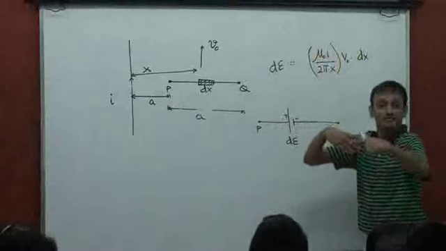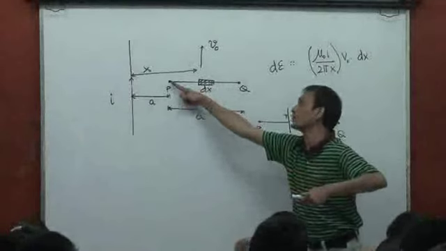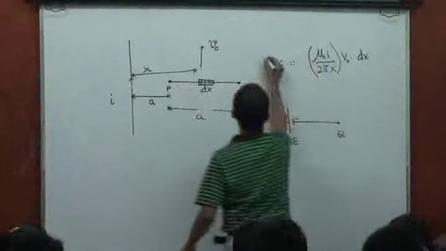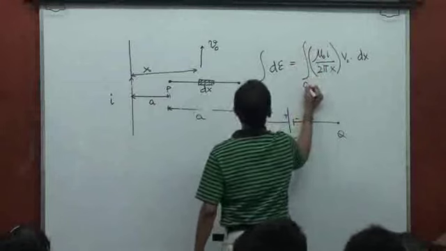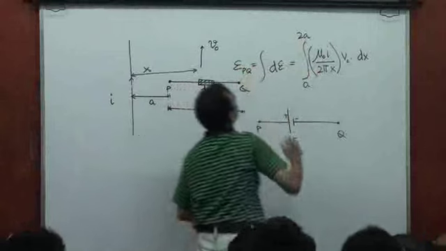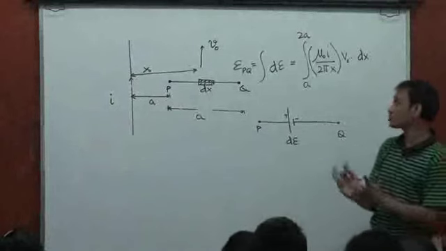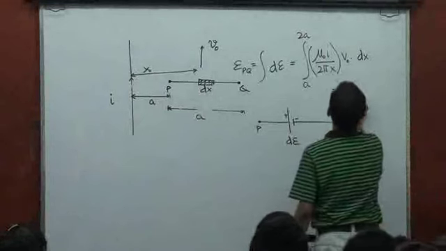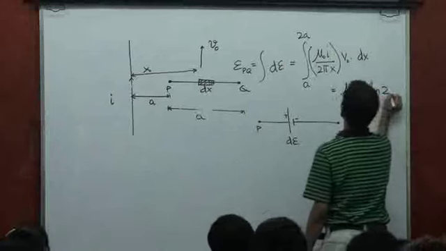So the net EMF produced between P and Q by all these elements dx, starting from x equal to a to x equal to 2a, would be the algebraic sum of all of this. X runs from a to 2a, that's the net motional EMF across PQ, with P being the positive terminal, Q being the negative terminal, based on V cross B, which is mu naught I V naught by 2 pi log 2.